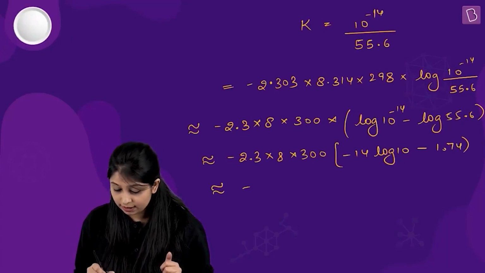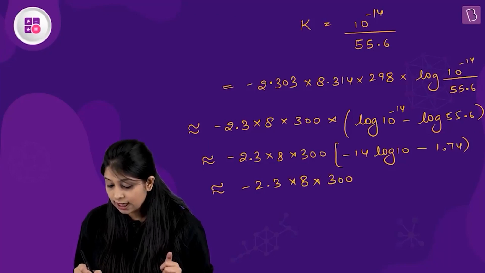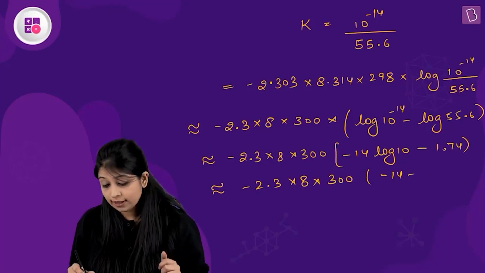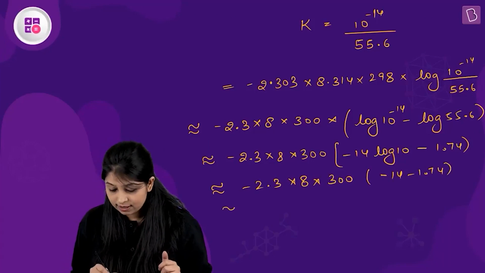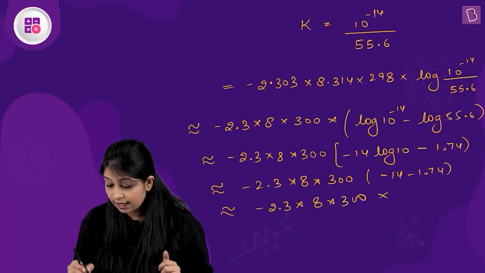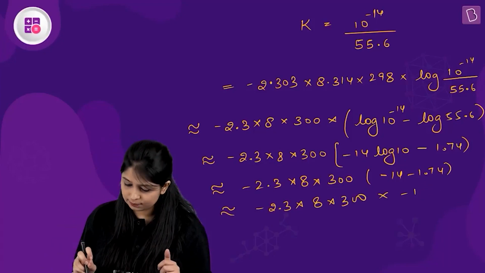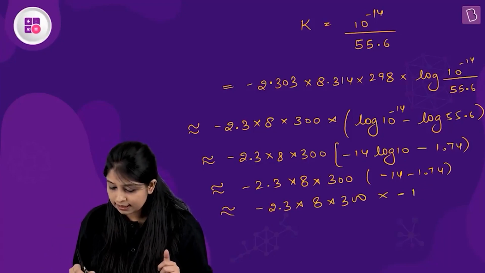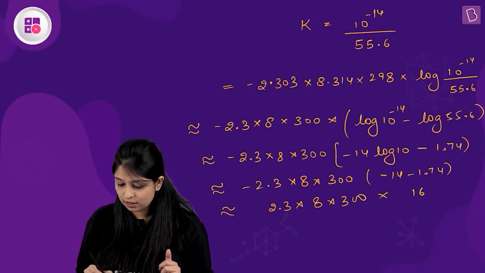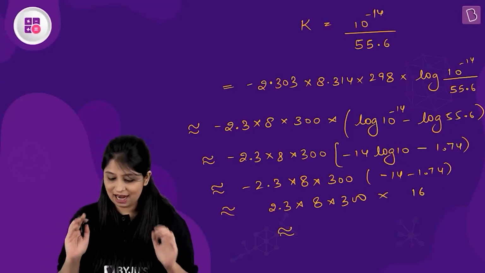So this comes out to be minus 2.3 into 8 into 300 into minus 14, log 10 is 1, minus 1.74. So minus 2.3 into 8 into 300 into minus 15.74. Let's approximate this as well. So this becomes minus 16, and minus into minus is plus, so it cancels out.